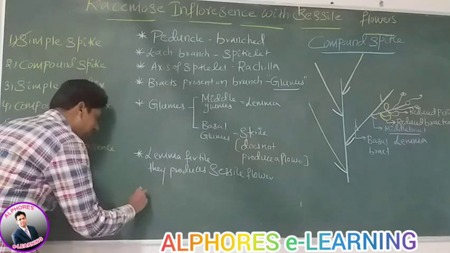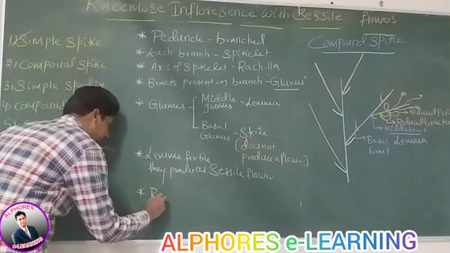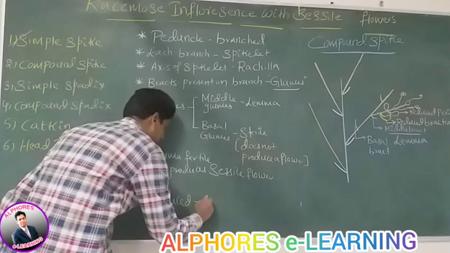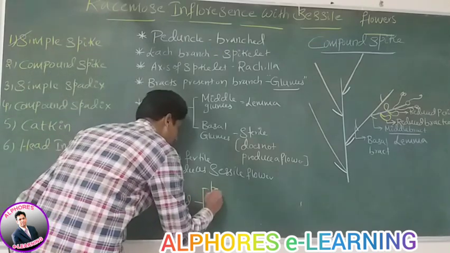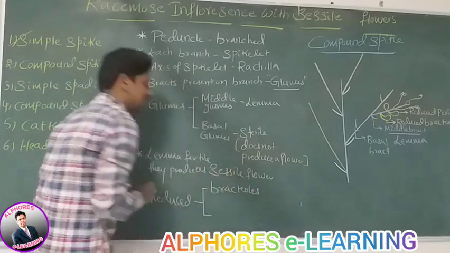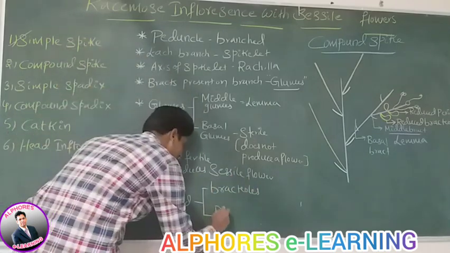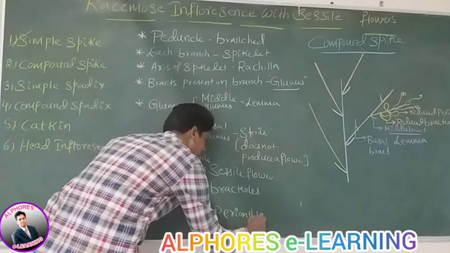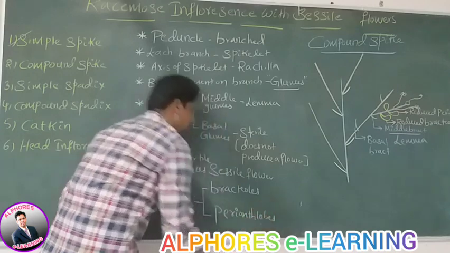In this sessile flower, what are reduced? Bracteoles as well as perianth lobes.